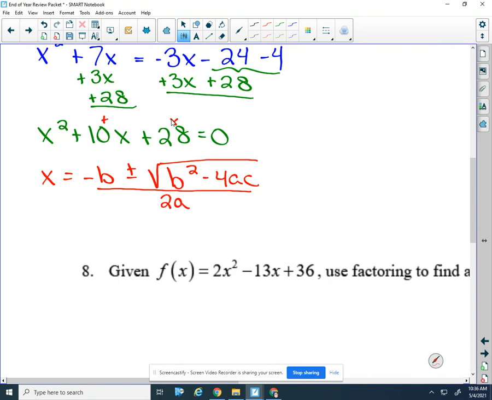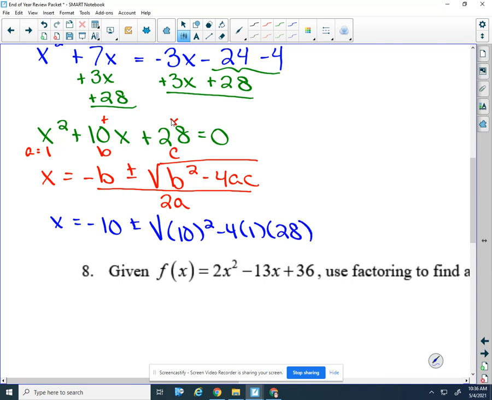So in this case, A is 1, B is 10, C is 28. So I'm going to plug these numbers in. And it's all over 2 times 1, so I'm just going to write 2.